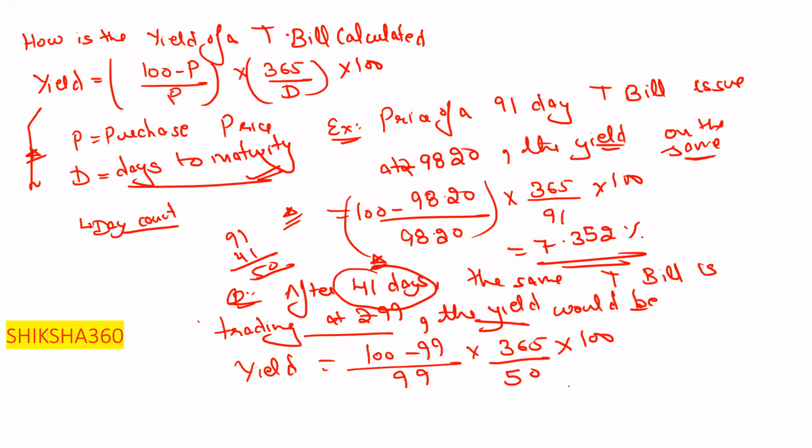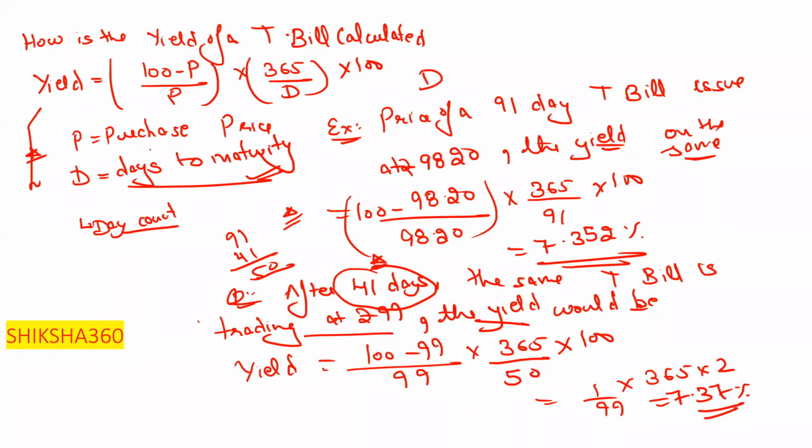So 1 upon 99 into 365 into 2. Please calculate fast: 365 into 2 divided by 99 comes out to 7.37%.